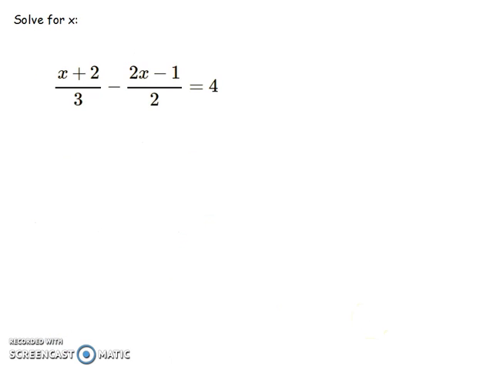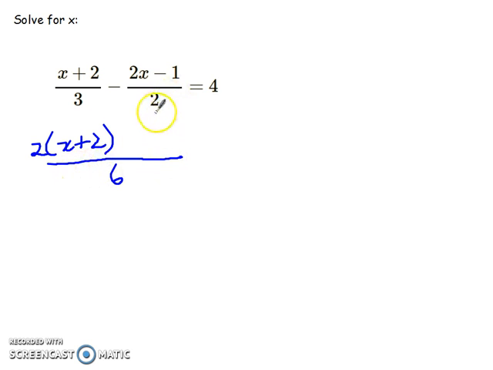One last example, again involving fractions. I'm taking the fractions away, so I need to get a common denominator. I'm going to make my common denominator 6 because 3 times 2 is 6. I've multiplied the denominator by 2, so I need to multiply the numerator by 2.